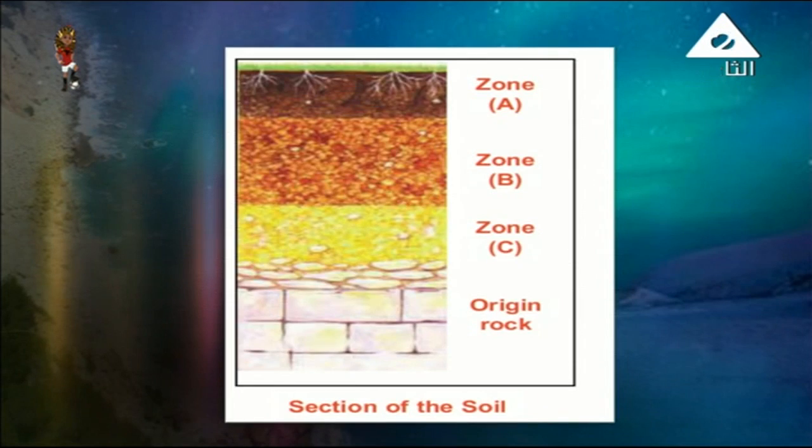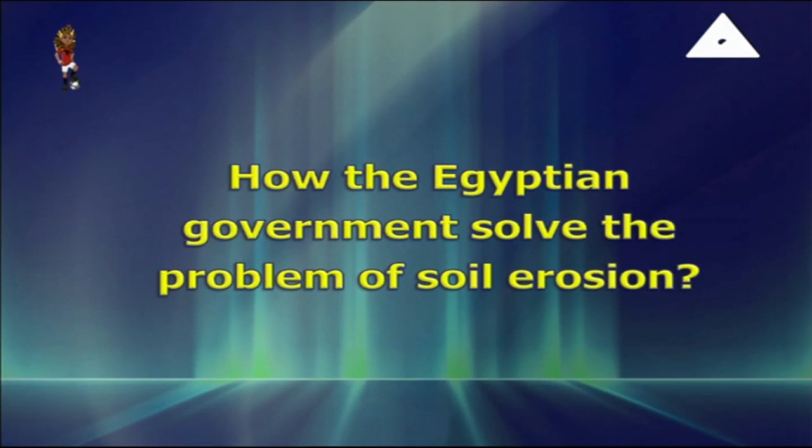So this is the profile where we have the original rock, zone C, zone B, zone A, going from down to top.